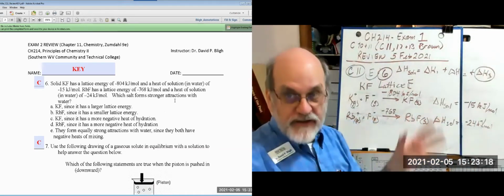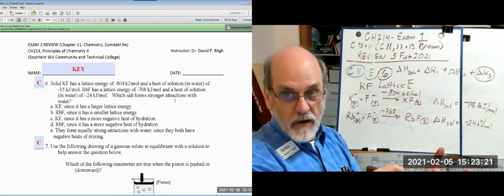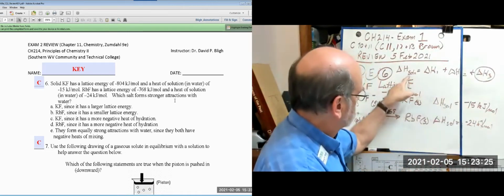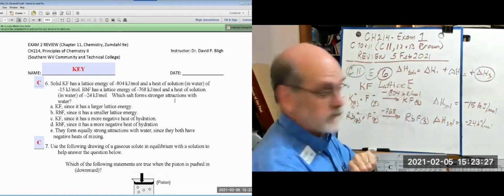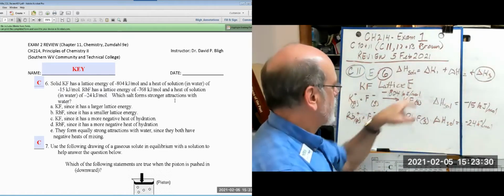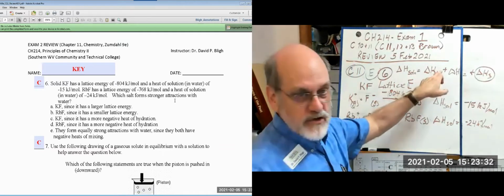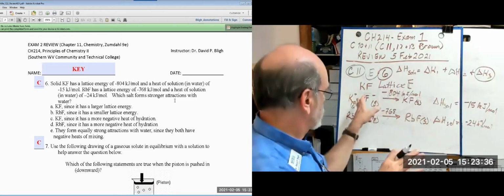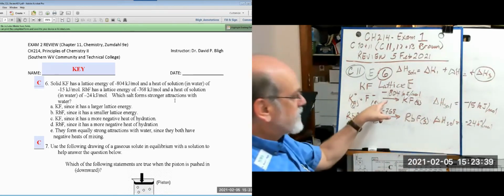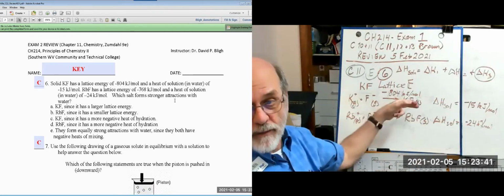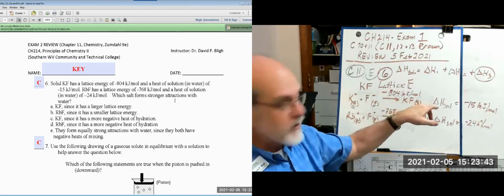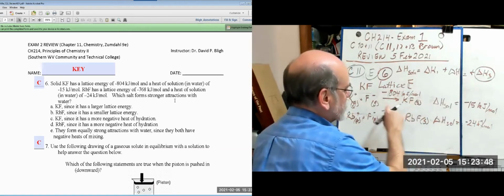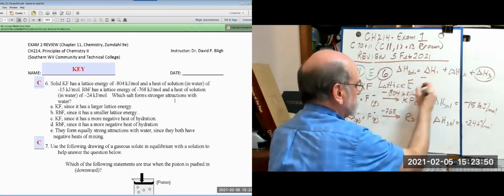So out of all this information that we're given, where do these fit? Well, this one fits, these two fit here. Okay? This one is the energy required to break up the solid. This is the energy you get back when the solid forms. So to break up the solid, you would have to add that back. So we need to take this and change the sign.